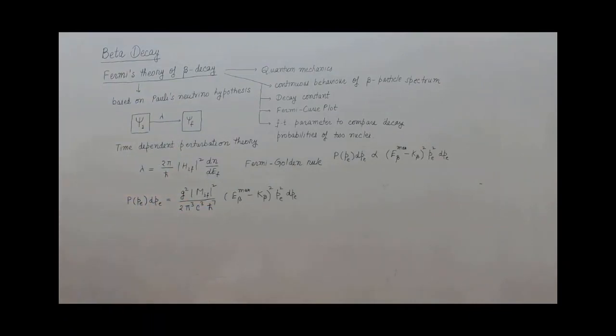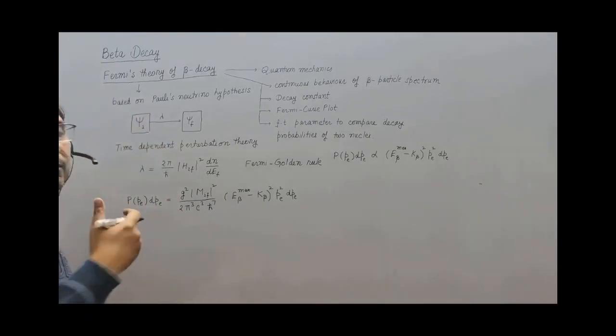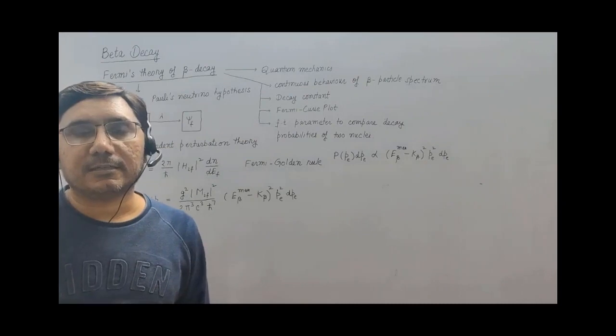But experimentally their energy spectrum shapes were different. So Fermi was missing something here. The missing aspect was the Coulomb interaction.